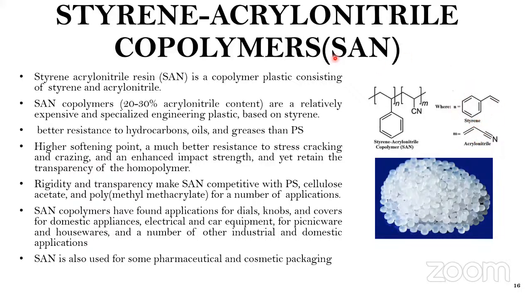So this SAN also has transparency, and in addition it has better stress cracking resistance and impact strength. But this SAN is not readily available. It is quite expensive and only manufactured when there is a need.